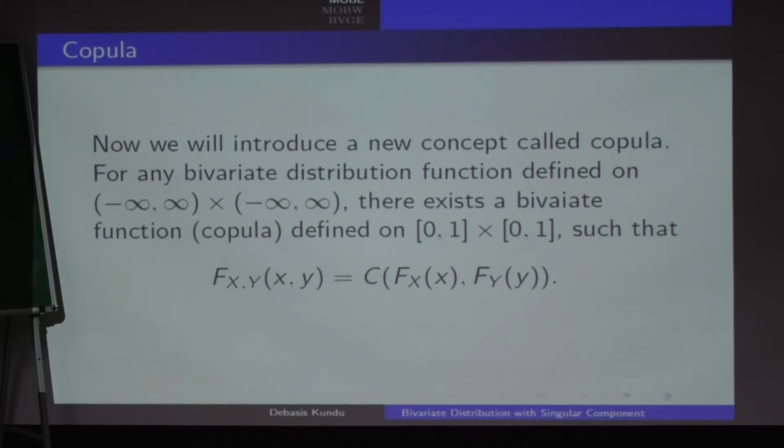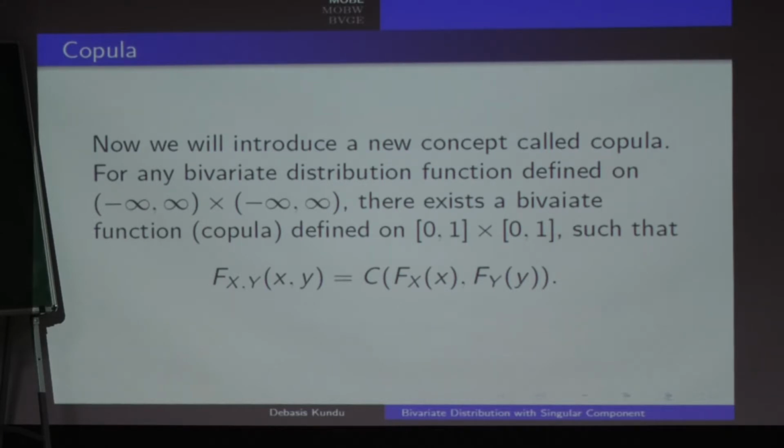So what people do in data analysis is they try to model the marginals first, and then they use some kind of copula to model the dependence. That actually makes things simpler because it breaks up into two components: one is the marginal, another is the interdependence structure. So we'll see how it can be used.